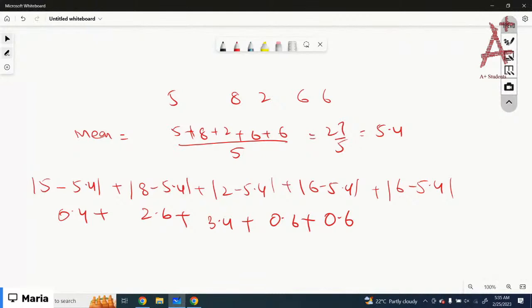Just add them all. It is 0.4 plus 2.6 plus 3.4 plus 0.6 plus 0.6. That is 7.6, and to calculate the mean absolute deviation, divide by 5. Got it? So 7.6 divided by 5 is 1.52. So the mean absolute deviation is 1.52.